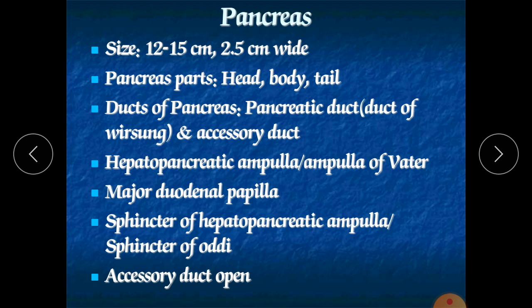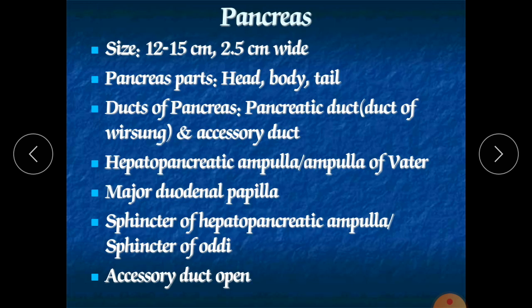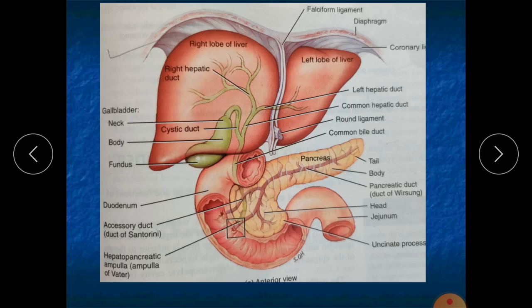So pancreas has three parts: head, body and tail. In the figure also you can see it has three parts: head, body and tail. Now let's see where these parts are located. This head part is attached to the curvature of the duodenum.